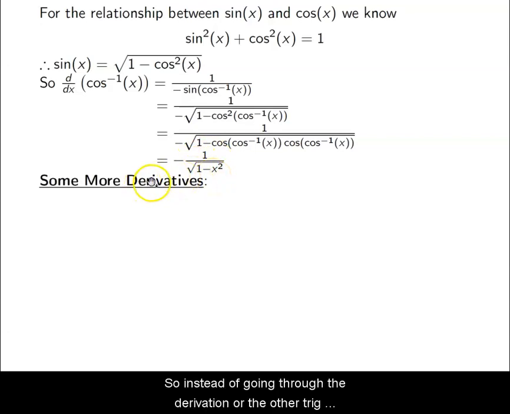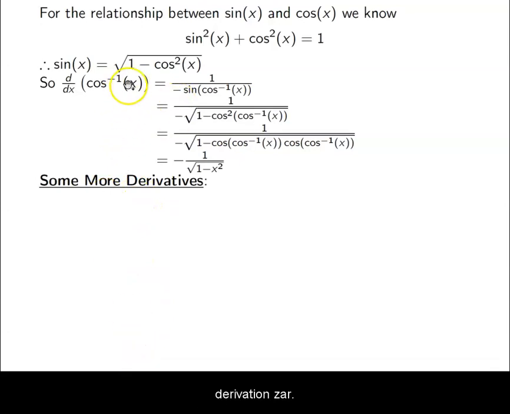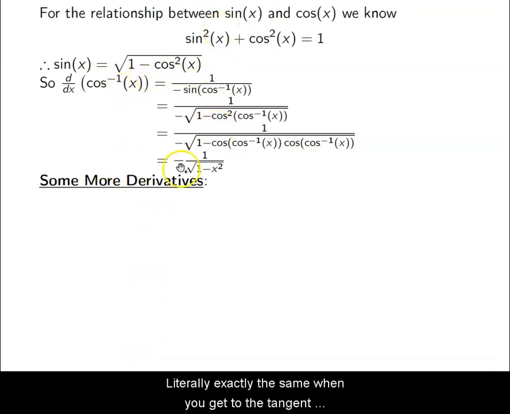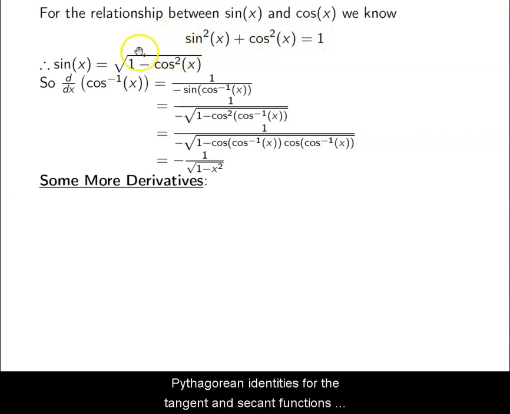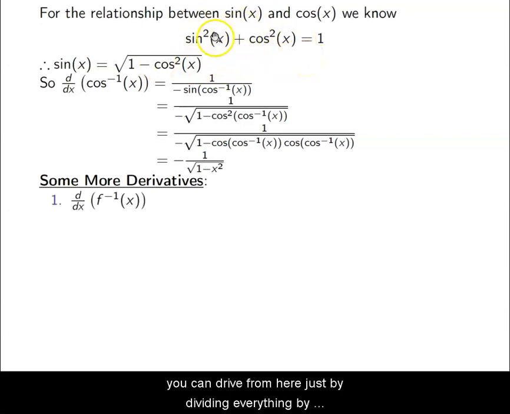Instead of going through the derivations for the other inverse trig derivatives, I'm just going to give them to you, because their derivations are exactly the same. When you get to tangent and cotangent, instead of using sine squared plus cosine squared, you'll use the Pythagorean identities for tangent and secant, which you can derive just by dividing everything by cosine squared.